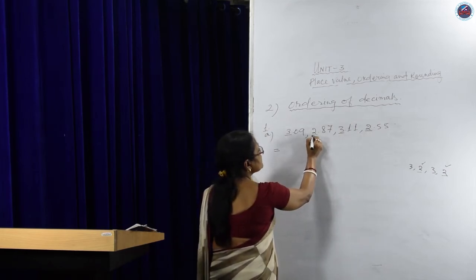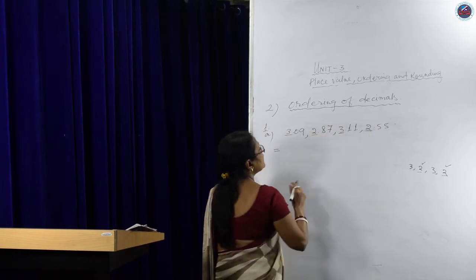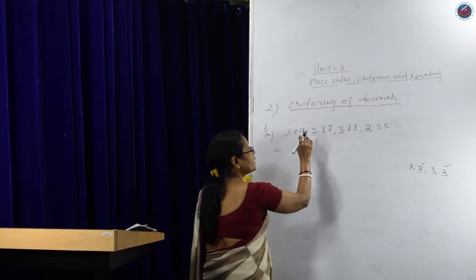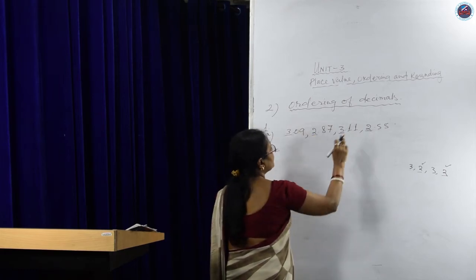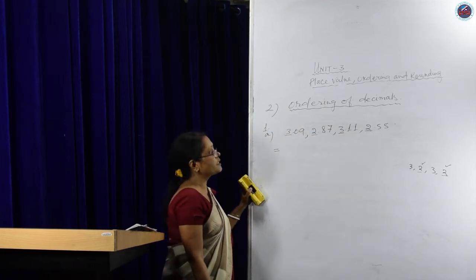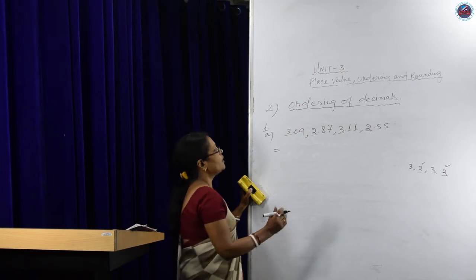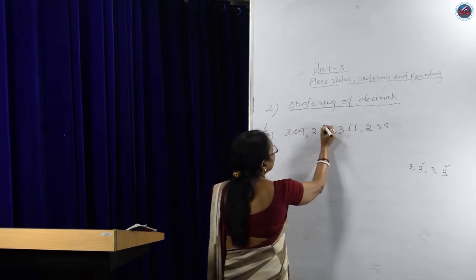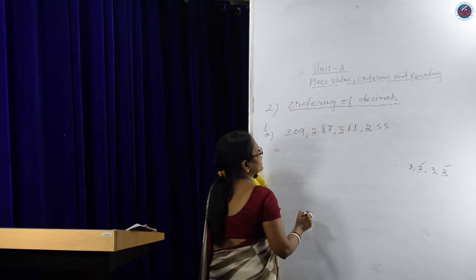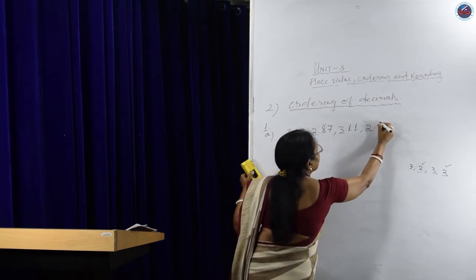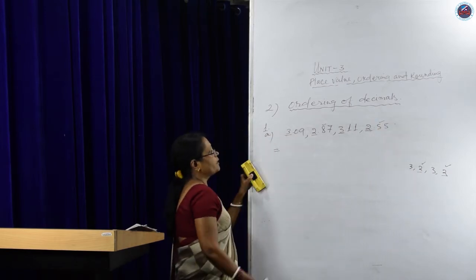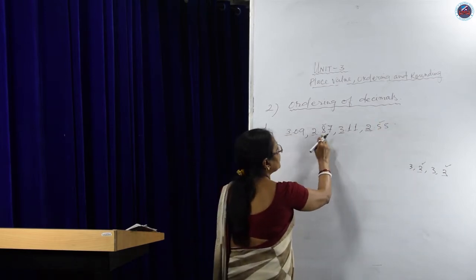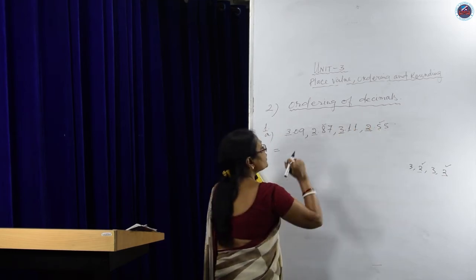Since you have similar whole numbers, you cannot compare which one is smaller and which one is greater. So next you have to move to the tenth digit. Look at the tenth digit. Here it is 8, and for the other number it is 5. Now you can compare.